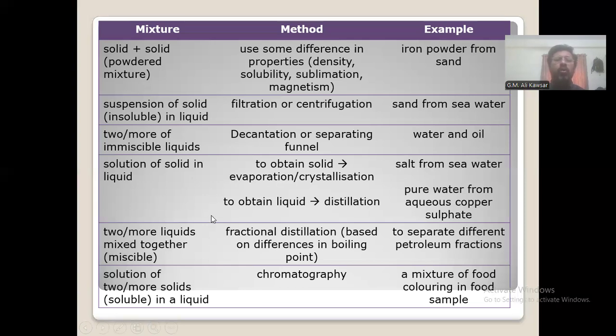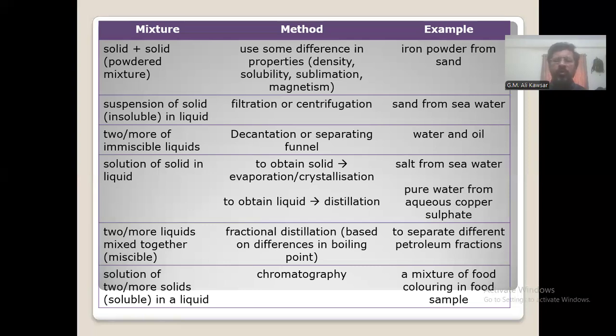And if we want to separate the liquid part, in that case we have to use the distillation process. It is the combination of evaporation and condensation. Suppose a mixture contains alcohol and water, how can we separate the alcohol part?